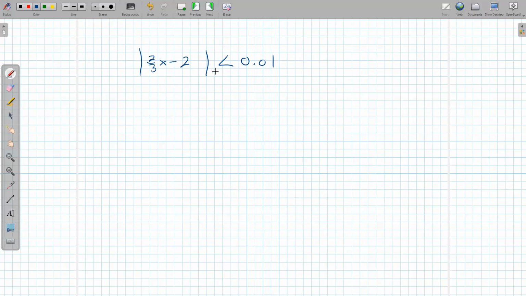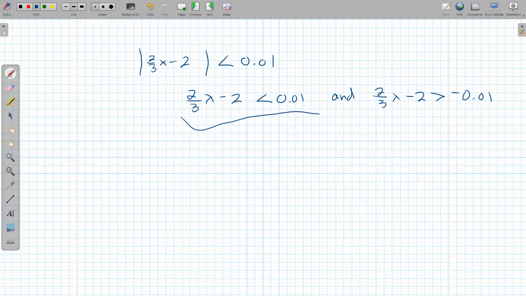To get rid of the absolute value, you have to take that middle term, the middle function, 2/3 x minus 2, and that becomes less than 0.01. There's one version of it. And 2/3 x minus 2 is greater than negative 0.01.